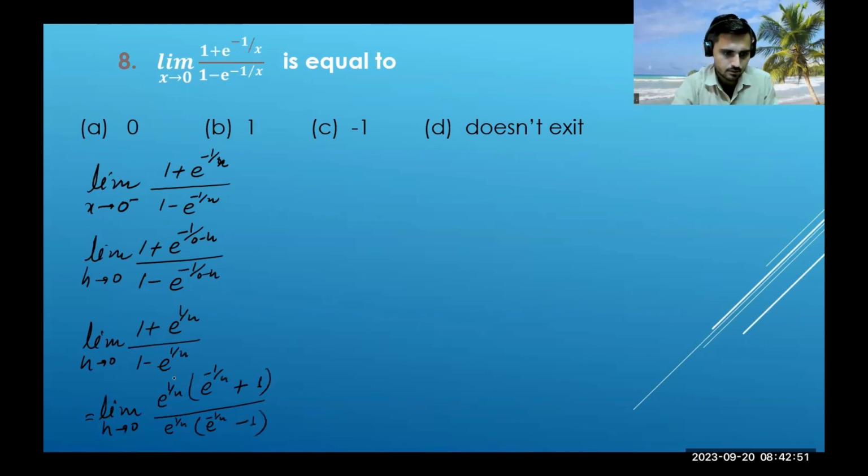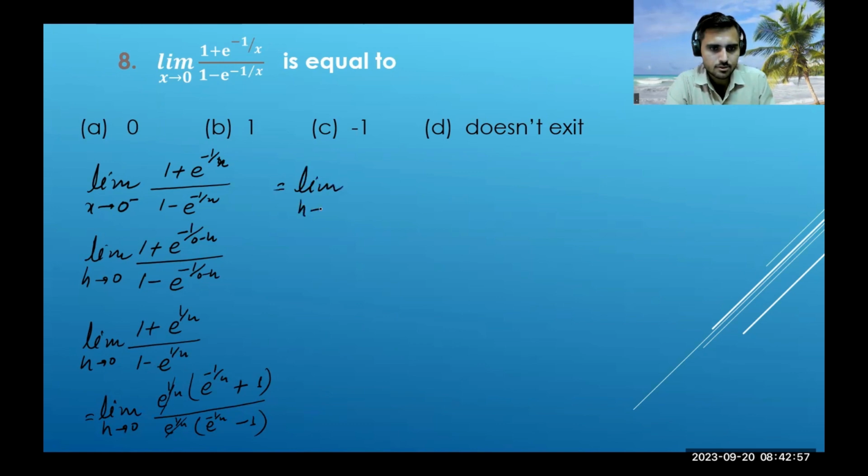So this will be cancelled out. So we have limit h tends to 0 of (e raised to the power minus 1 upon h plus 1) upon (e raised to the power minus 1 upon h minus 1).